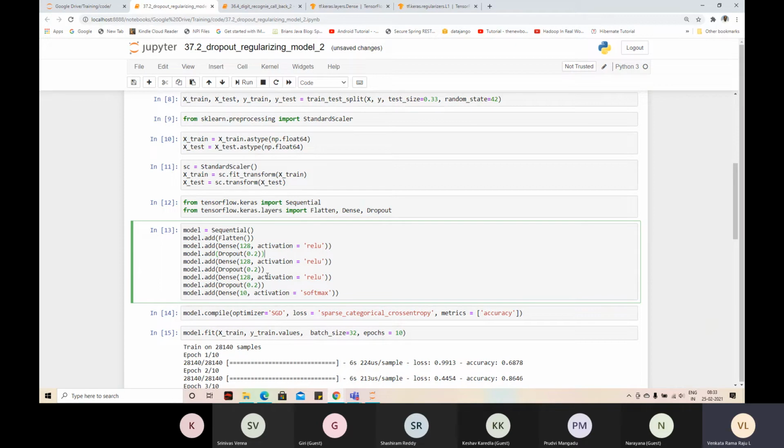So why do you need to drop? You can take 20% fewer nodes and build a model, right? 20% less of 128 means around 26 nodes you can reduce, and then run the model. But why are you using dropout? Because this is a hyperparameter. In Keras there is a fine-tuning module, I forgot the name of it, like GridSearchCV.